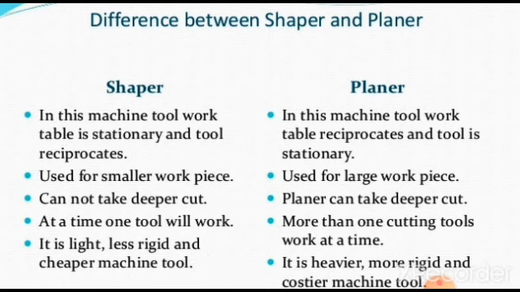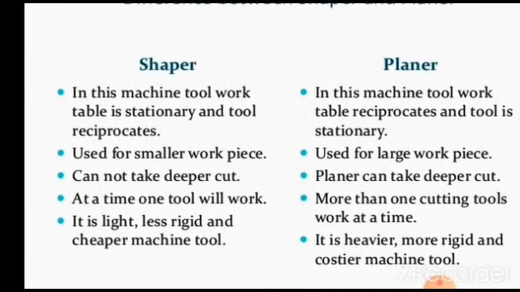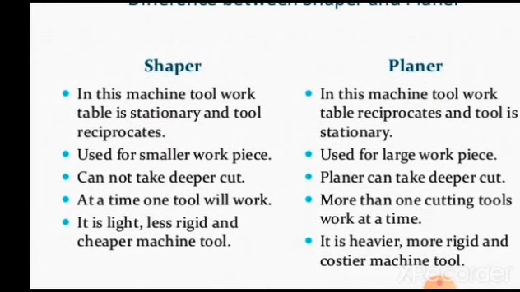Used for smaller workpieces. Till now we have discussed that planers are preferable for large workpieces and shapers are used for smaller workpieces, but as far as the application is concerned, both are the same. A shaper cannot take deeper cuts because it is very small compared to the planer. A planer can take deeper cuts because it is provided with heavy tools and heavy workpieces.